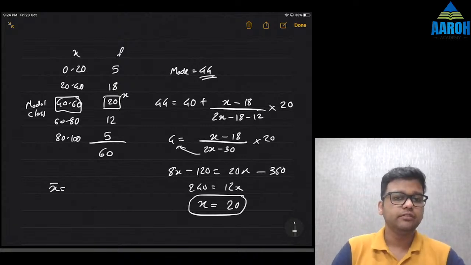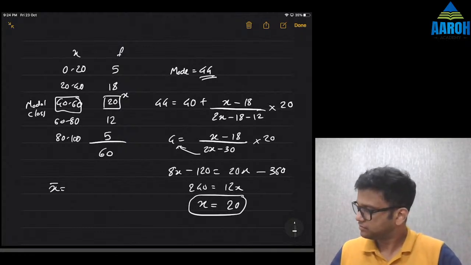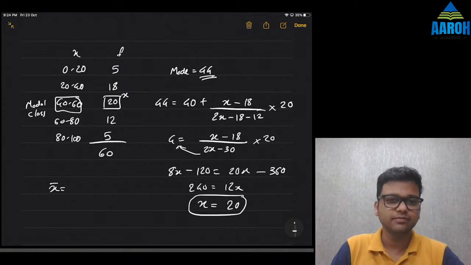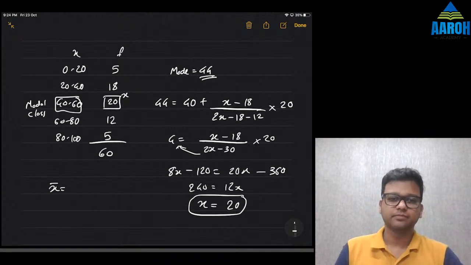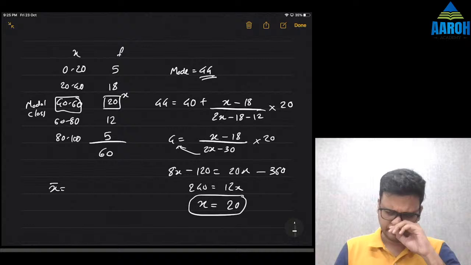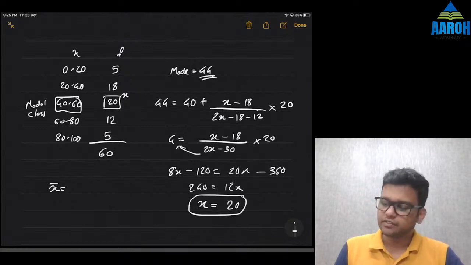Can anyone tell me the mean? Anyone? Is it 48? Check.